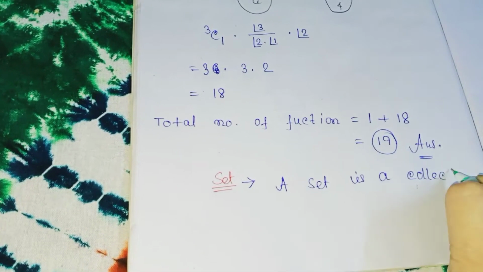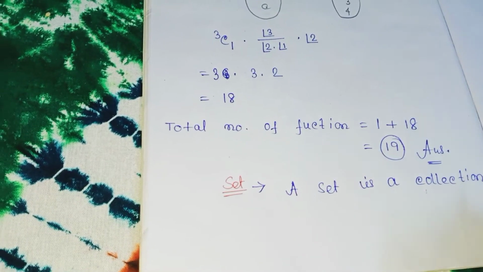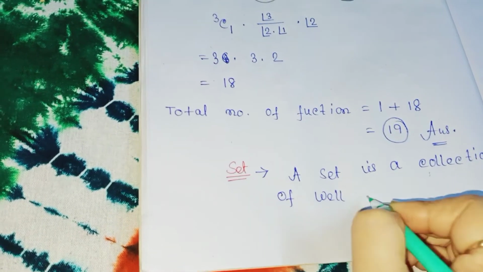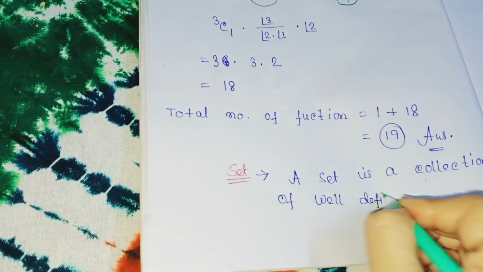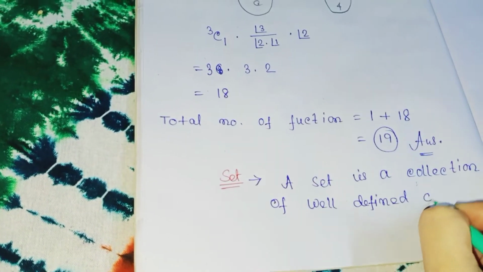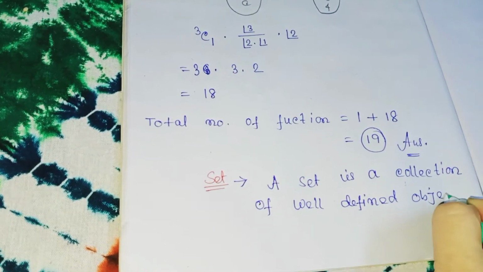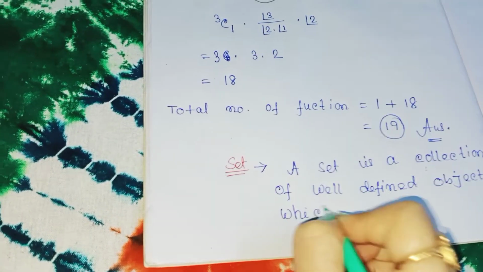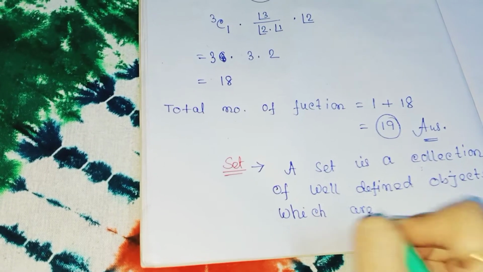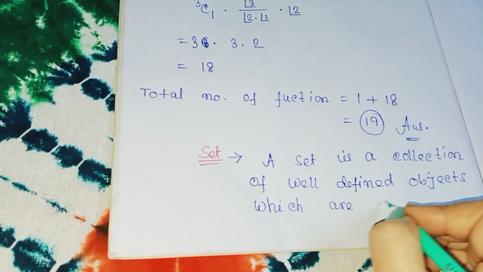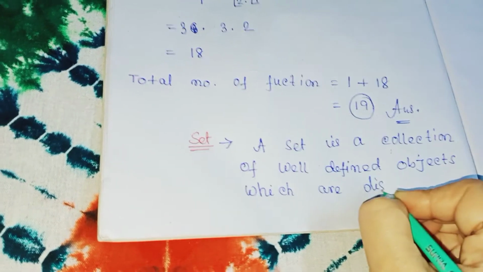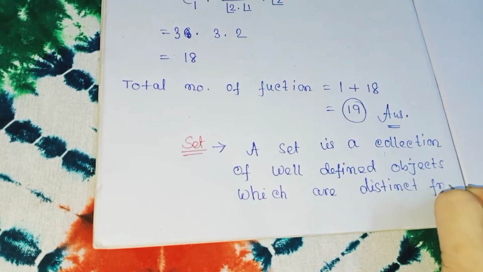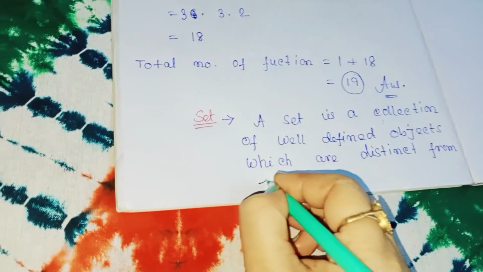We know a set is a collection of well-defined objects which are distinct from each other.